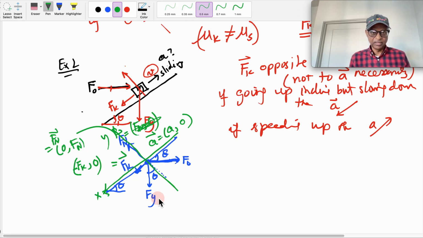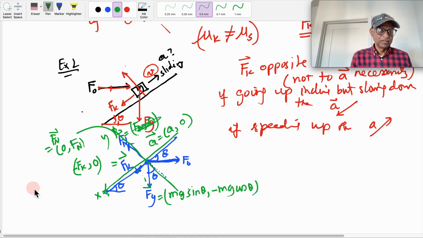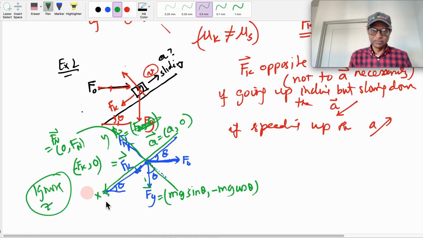Those are components. And this we already worked out: mg sine theta, minus mg cosine theta, and ignore z, okay? There's no z here. Z is perpendicular to that and nothing is happening there.